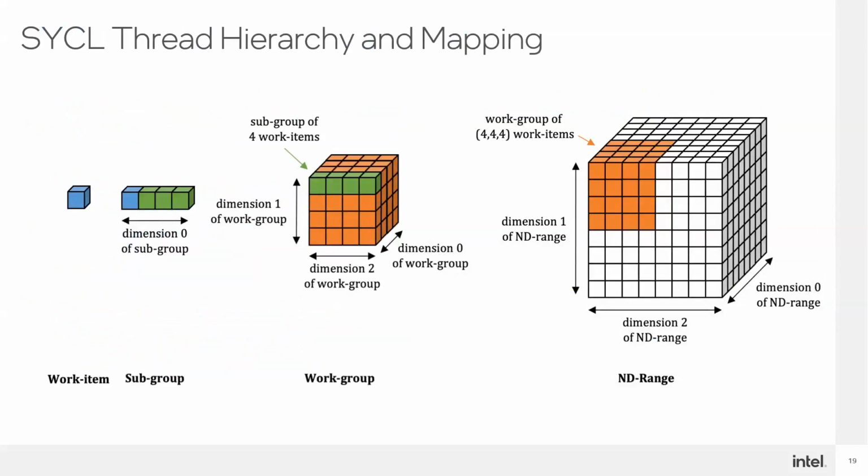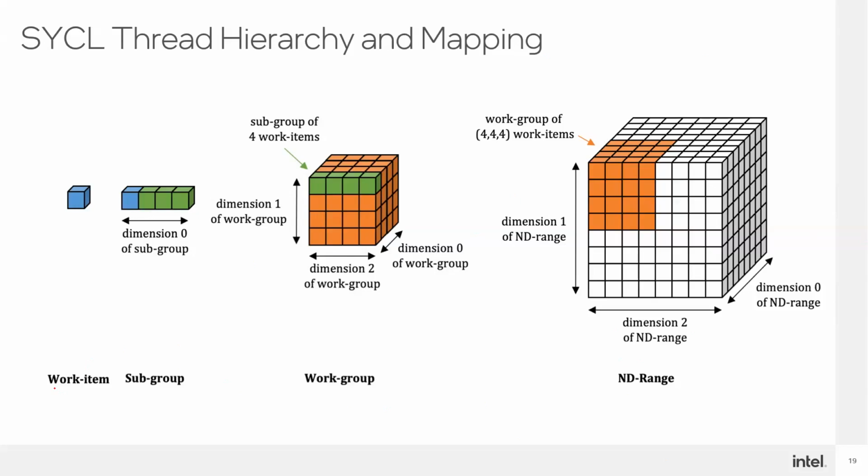Now let's talk about the full thread hierarchy and mapping to hardware. So the smallest instance, a single thread within the thread hierarchy, is called a work item in SYCL. It's quite similar to the thread term in CUDA, for example. And then there are different kinds of grouping of these work items to allow you to get all the features of specific accelerators, right?